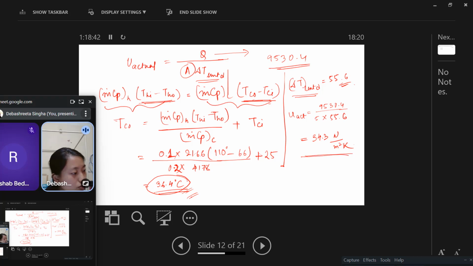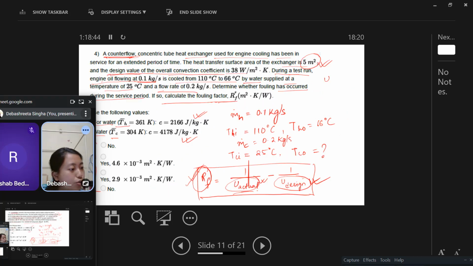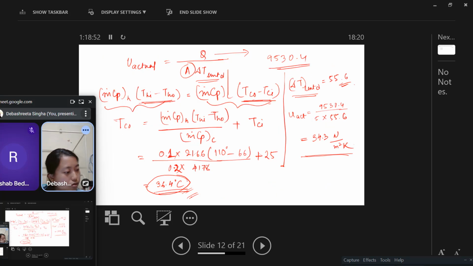Okay, you get this U actual as this, and U design was 38 watt per meter square Kelvin. So now you can calculate what is RF. RF is equal to 1 by 34.3 minus 1 by 38. You'll get something, this is not plus, this is minus.